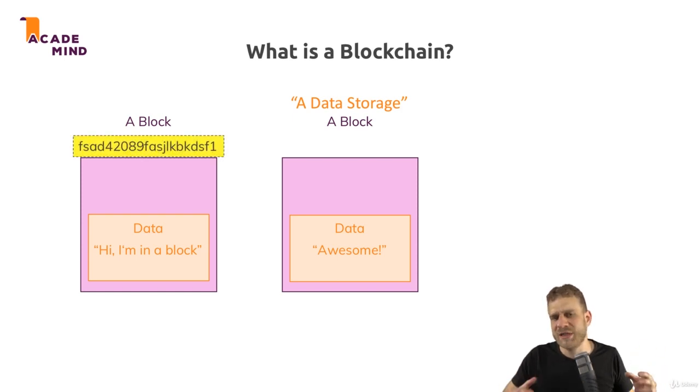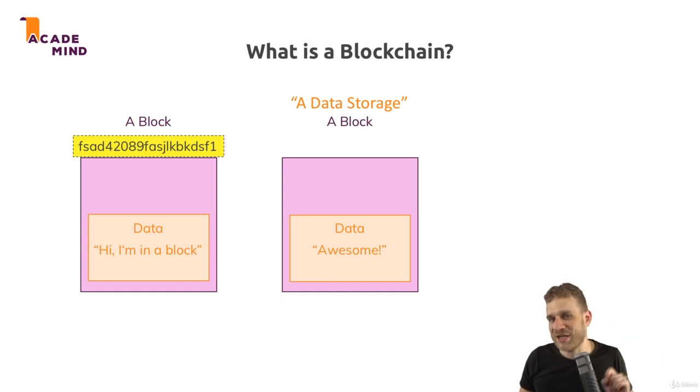A hash simply is some long text, you could say, that is generated automatically from all the parts that make up the block. So if you got a block with the data, hi, I'm in a block, and then let's say you have some metadata in that block, like a unique ID for every block, then you could take both, use some hashing algorithm, we'll use a plugin for that in this course, and then it spits out some text, and you'll always get the same text for the same inputs.